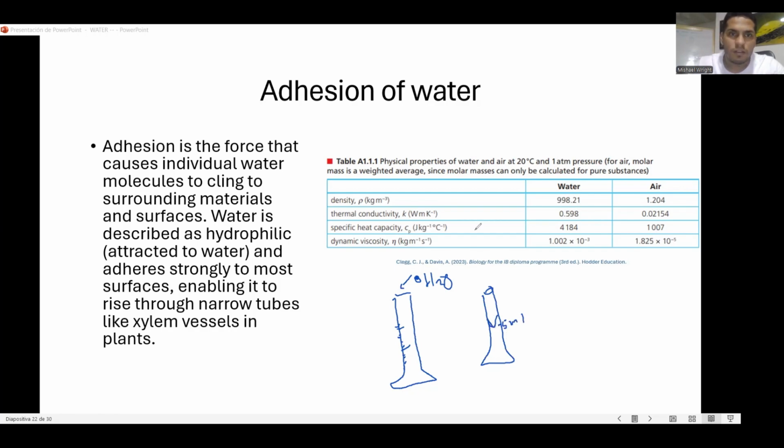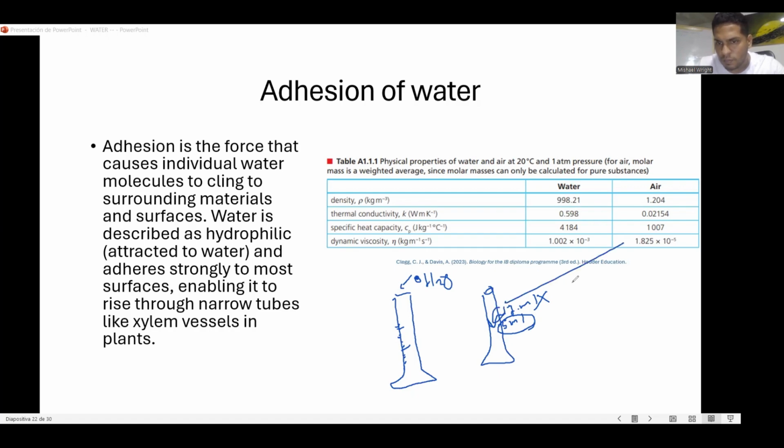That is because the water is basically using its adhesion property. So the question is, what is the water's volume in this case? It's not going to be 7 milliliters, right? It's going to be 5 milliliters, right? Why? Because of the adhesion of water.